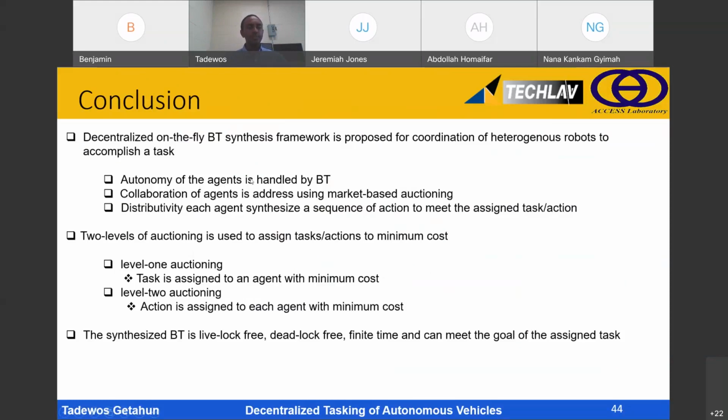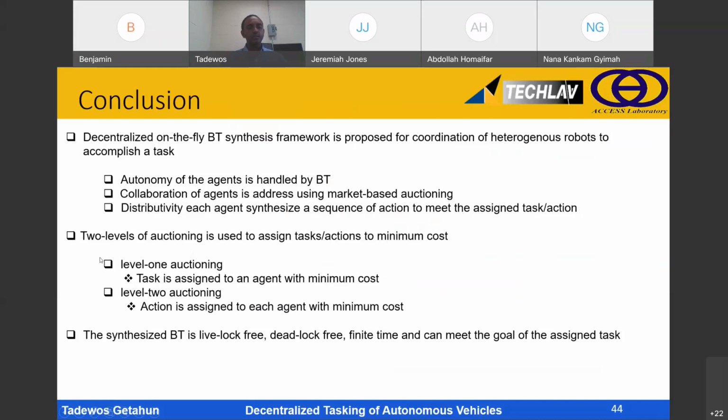We address autonomy using behavior trees, collaboration using market-based auctioning, and distributed decision-making by forcing each agent to be responsible for the task or the action that it is responsible for.